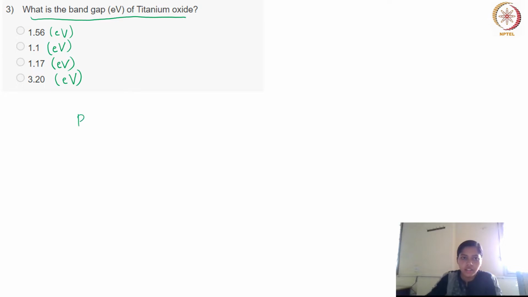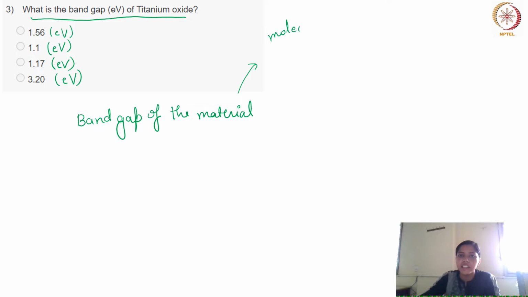When we are talking about the band gap of a material, in materials which have molecular orbitals, we generally talk about the HOMO level and the LUMO level.